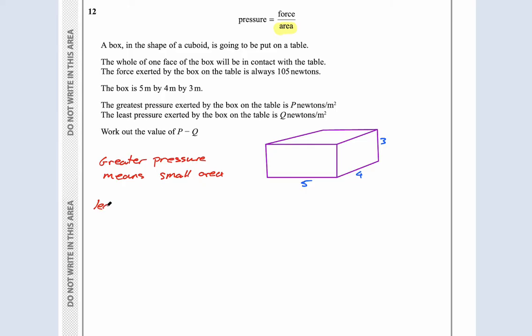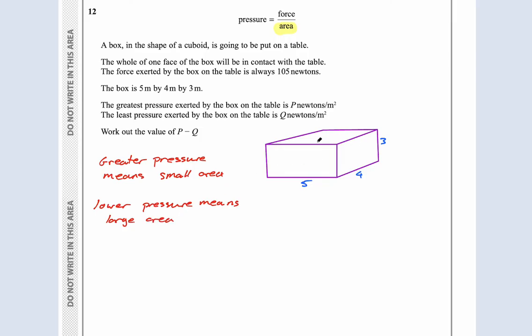Least pressure, or lower pressure, let's say lower pressure means large area.